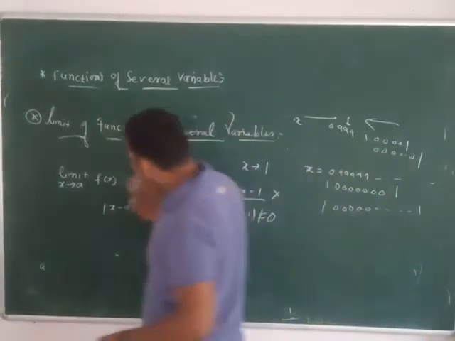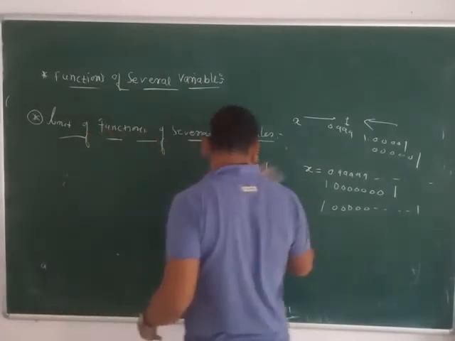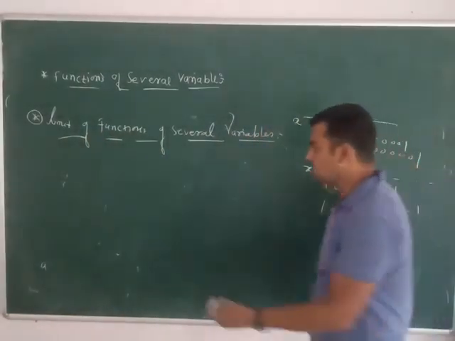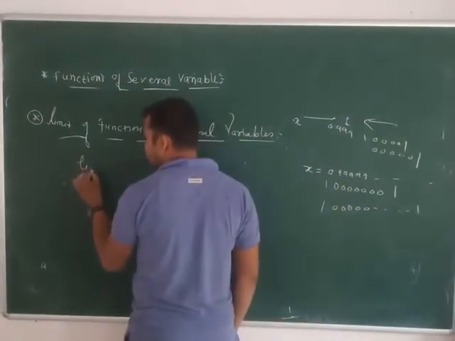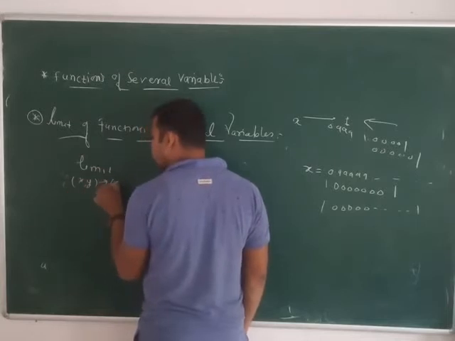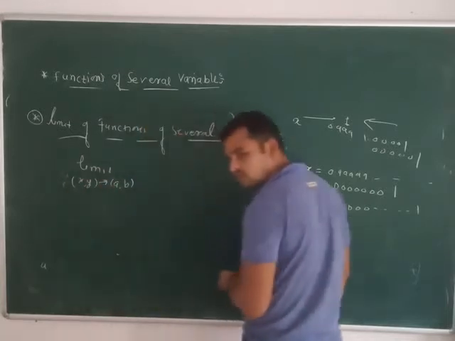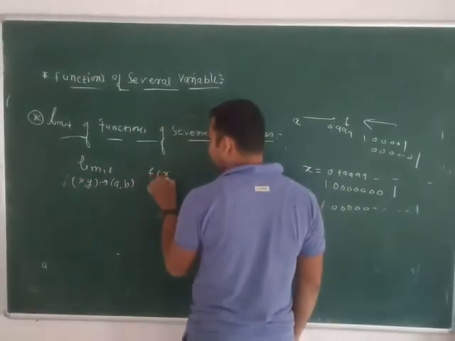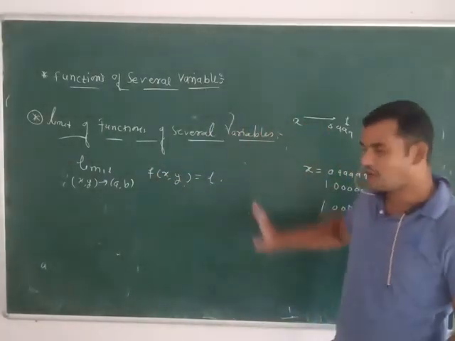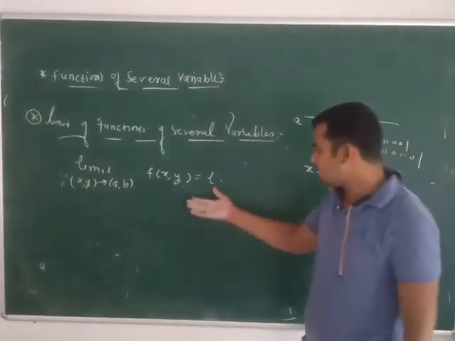So the limit of a function of several variables follows the same procedure as for a function of a single variable. We have the limit as (x, y) tends to a fixed ordered pair (a, b) of f(x, y) equals l. When do we say that this happens?